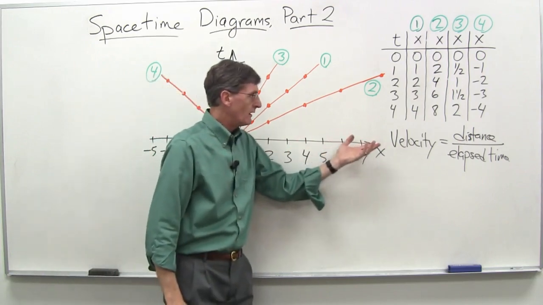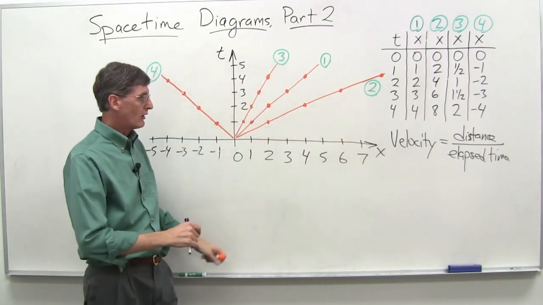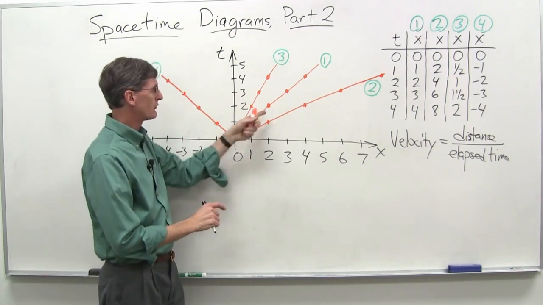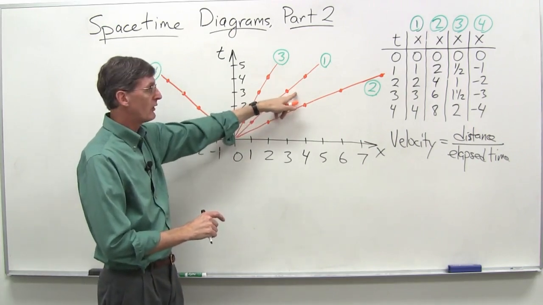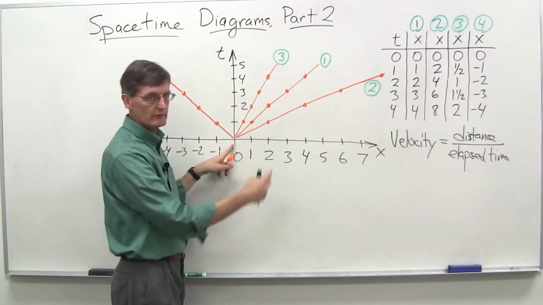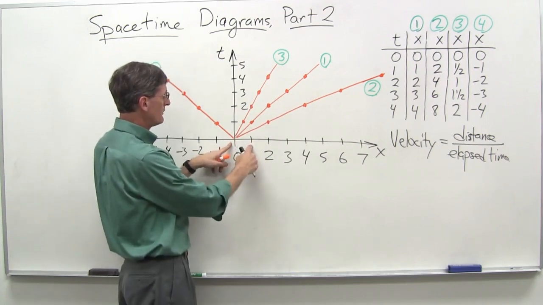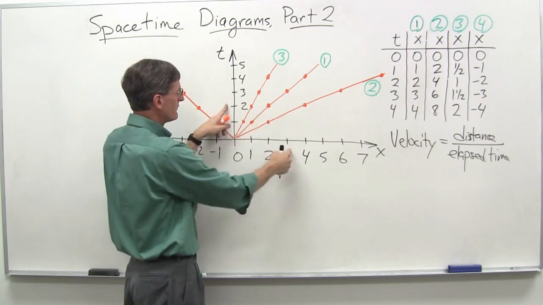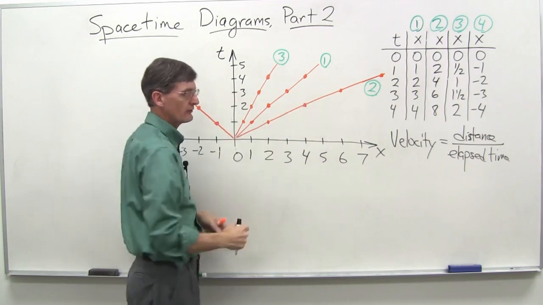So how does that relate then to our diagrams here, or our world lines? Let's take run number 1 here. Just looking at it, we'll say we're using meters. So we went 1 meter in 1 second, and then 2 meters in 2 seconds, and then 3 meters in 3 seconds, and 4 meters in 4 seconds.